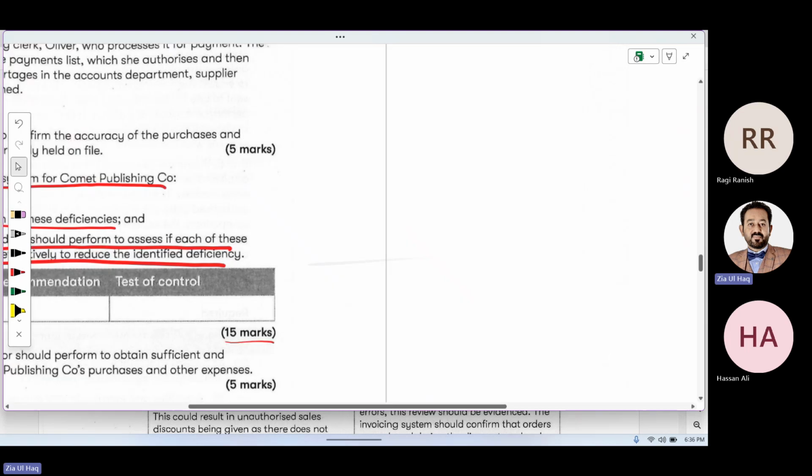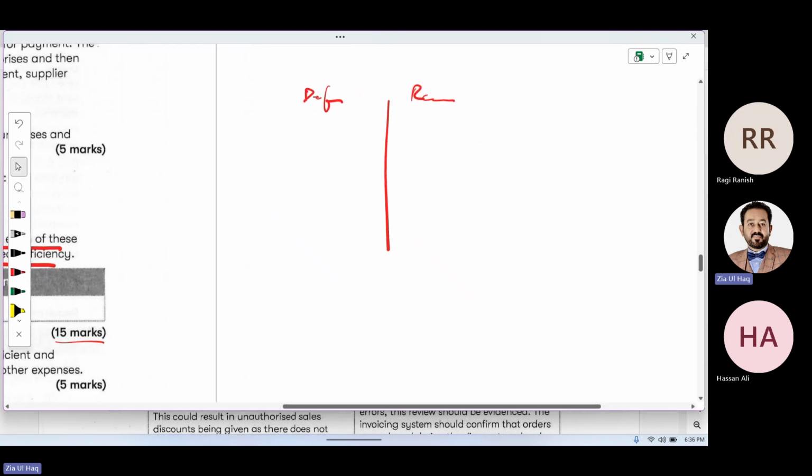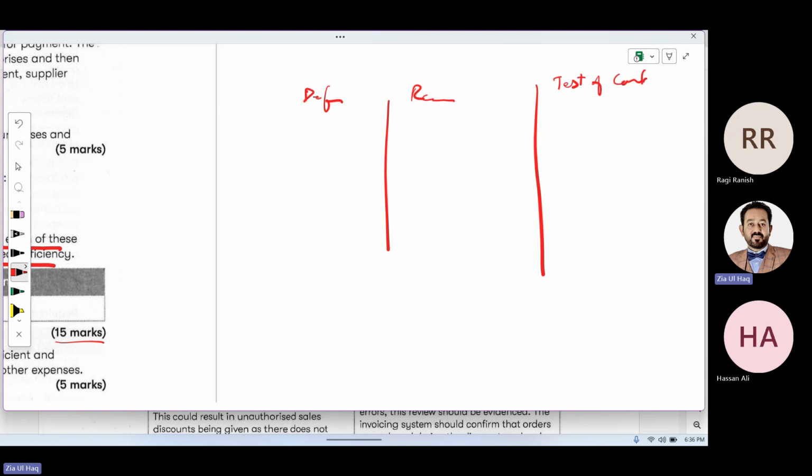In the third column, for the control you have recommended, you need to write down the test of control, how you will test whether this control is working or not.